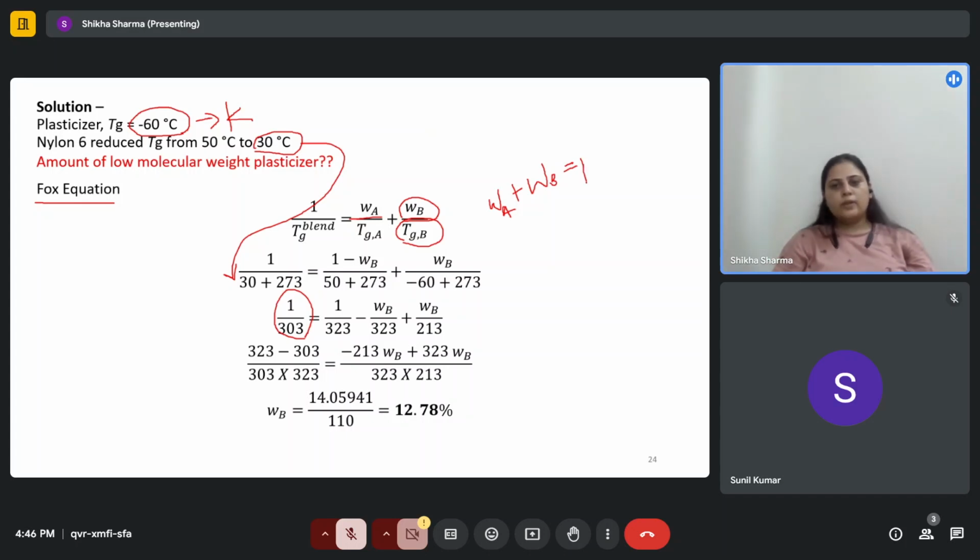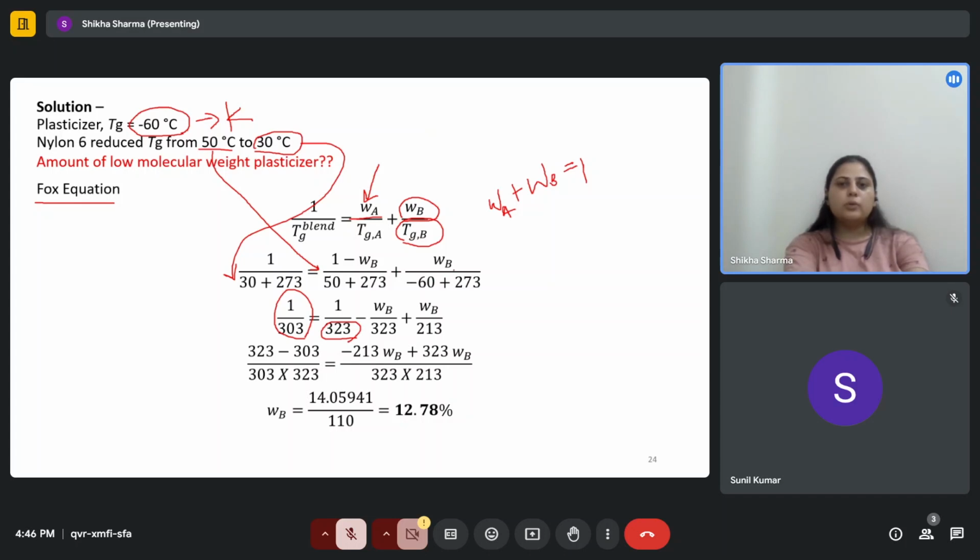So we are just converting WA equal to 1 minus WB divided by its glass transition temperature, which is the nylon 6, which is a polymer. Here A is the pure polymer. So we are putting 50 plus 273, which is nothing but 323, right?